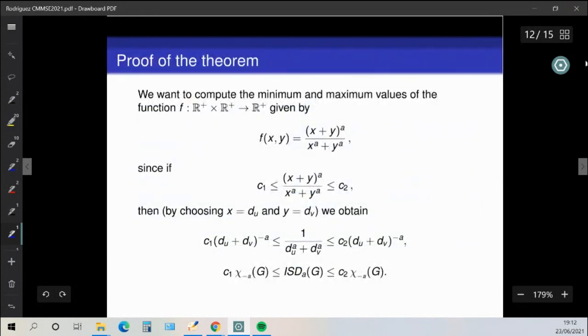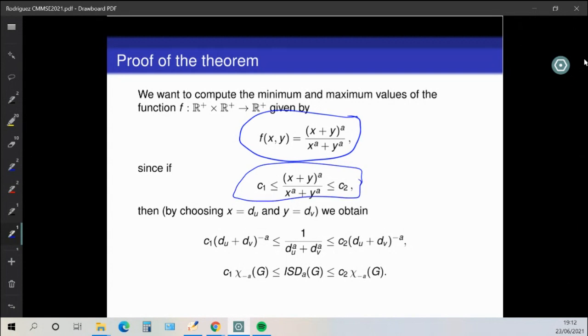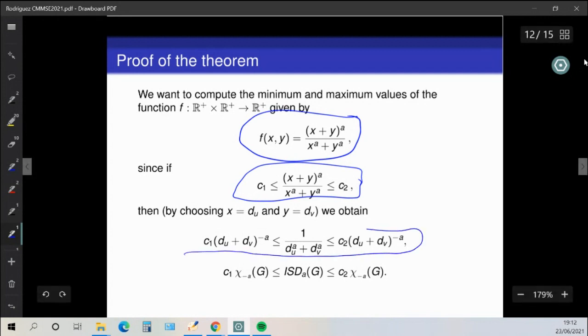Well, I would like to explain the main ideas in the proof. We are going to compute the minimum and maximum values of the function f defined in this way. Since if we have these bounds C1 and C2 for the function f, and we choose x equal to d_u and y equal to d_v, we obtain immediately these inequalities.